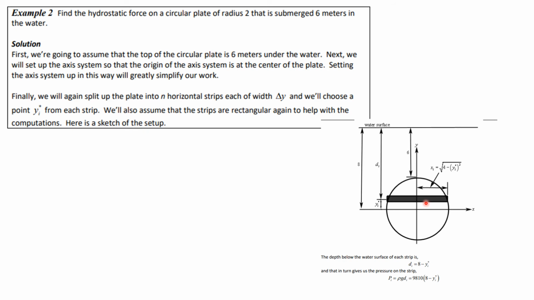Okay, so that's the picture that we're setting things up with, and you see the surface is up here, so the distance from here to here really depends on the radius of the circle. So this distance is d, and that's going to be 6 plus, and then I go down here, and this is going to be 6 minus y. We'll look at that. So anyway, we have this strip. The depth below the water surface for each is d sub i equal to 8 minus y sub i. Now, clearly here you can say this depth is d minus y sub i.